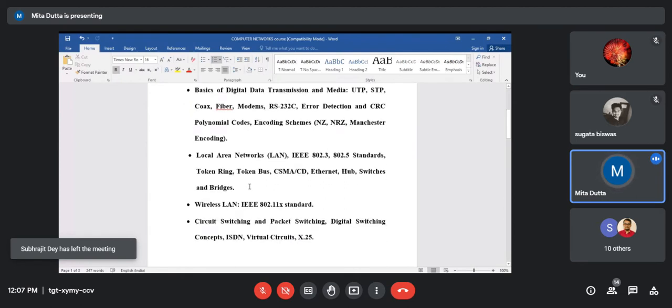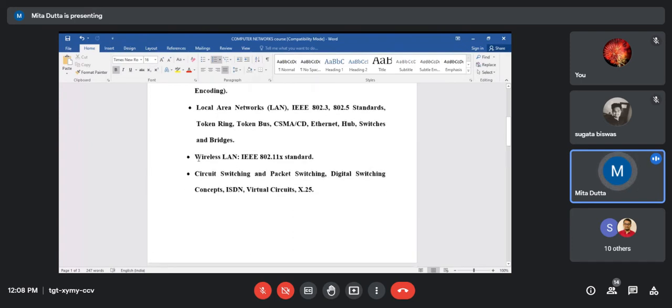Then we have to study local area networks, which is LAN, and the protocols that are used in LAN, and how the networks connected in LAN can talk to each other. And then we have wireless LAN, and this is a wired LAN, and then we have to study wireless LAN.